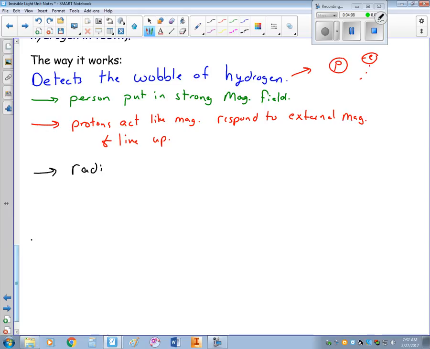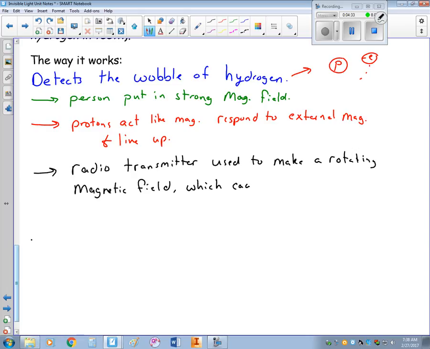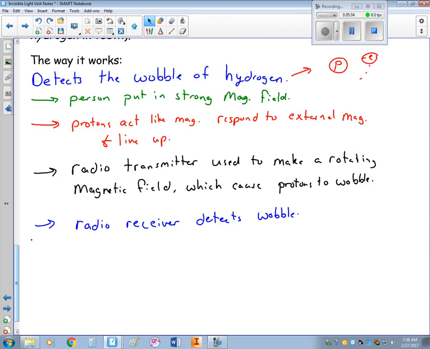So that, in a very, very roundabout way, is how an MRI works.